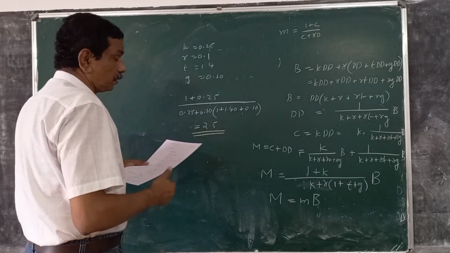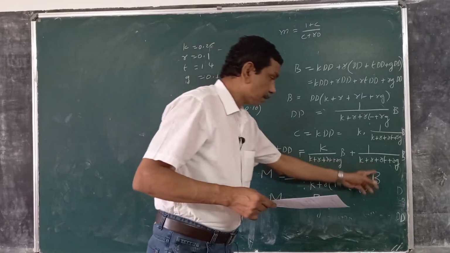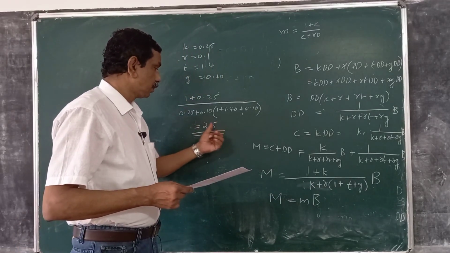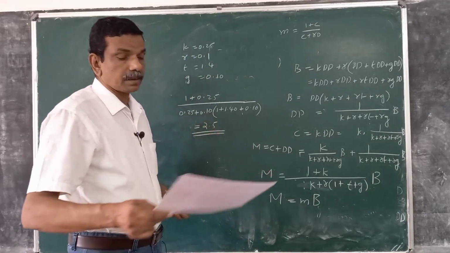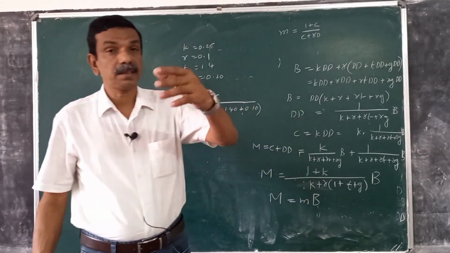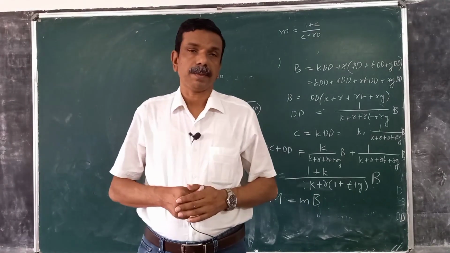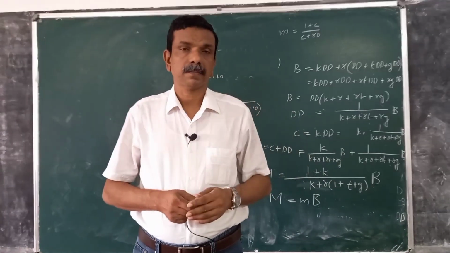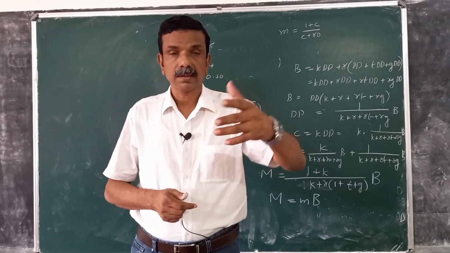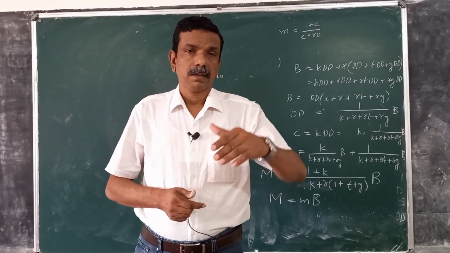A 1 unit increase in the monetary base increases money supply by 2.5 times. This is the first extension of the money multiplier. The second and the third extensions will be considered in the next class.